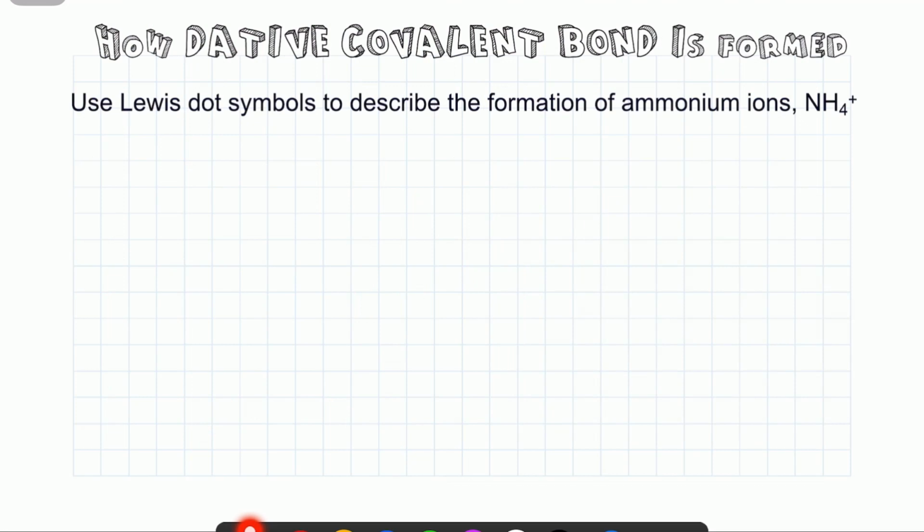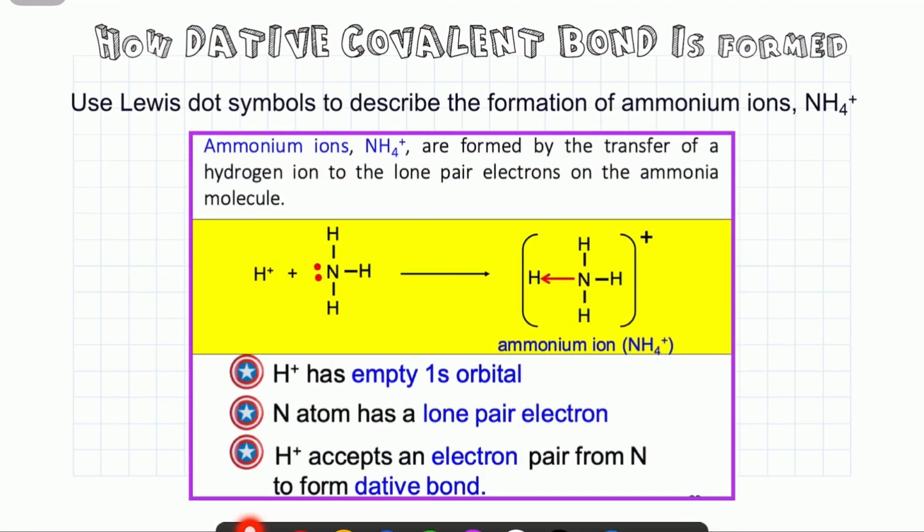And the last part, let's see how the dative covalent bond is formed in the formation of NH4+. Ammonia has one lone pair on the nitrogen, and when it combines with H+, ammonia uses the lone pair to form a bond with the H. As I told you, one covalent bond is equivalent to 2 electrons.